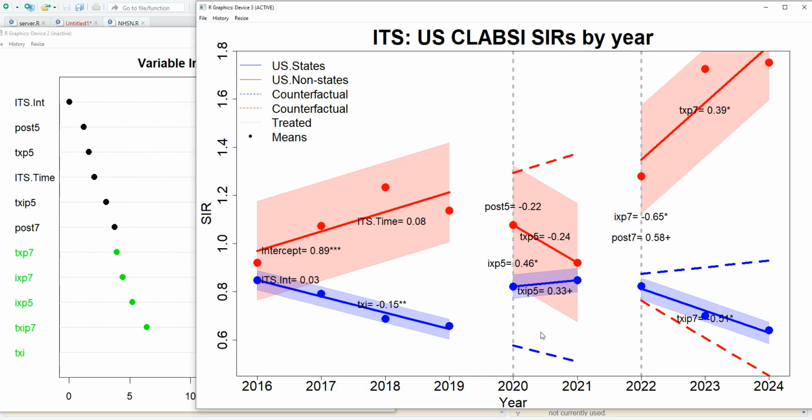You can compare that solid blue line with the dashed blue line and the solid red line with the dashed red line. It's important to note that we only have 2 years of data, so it's hard to call it a trend just because we don't have a lot of data.